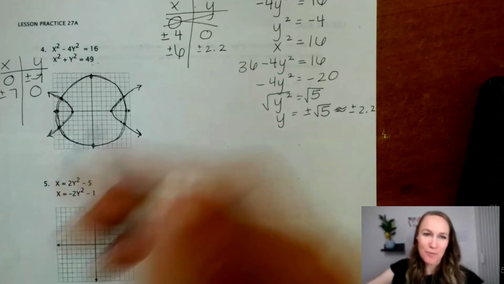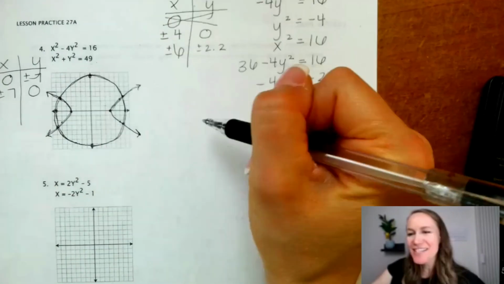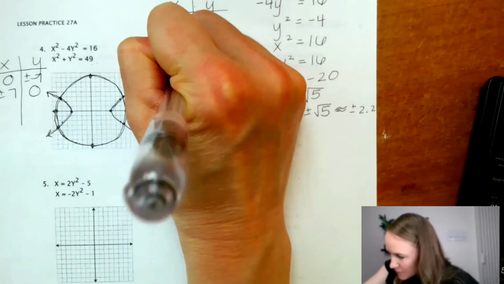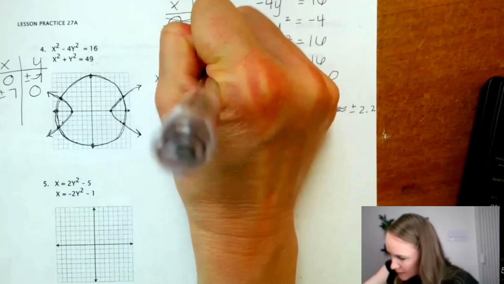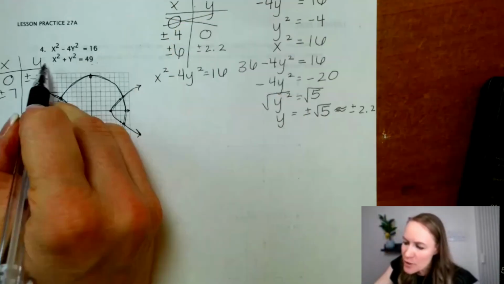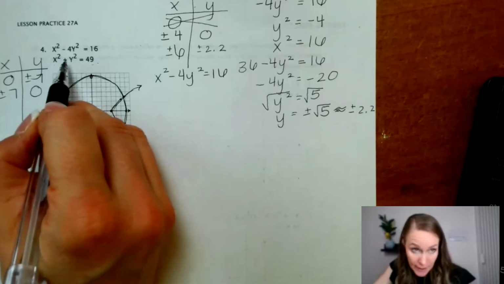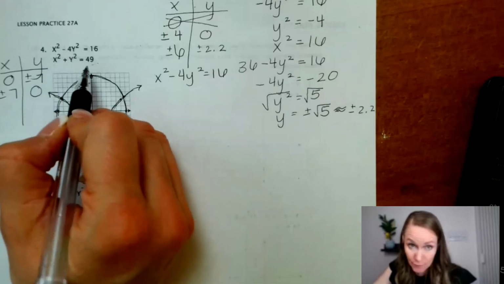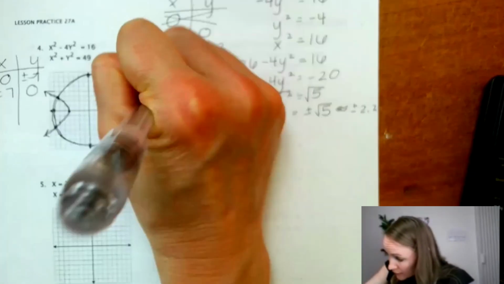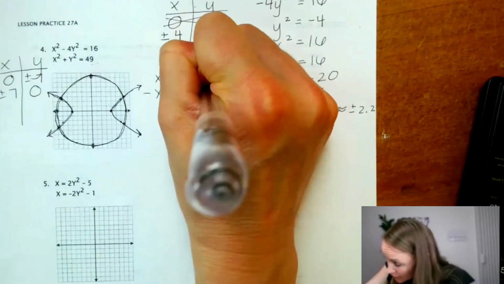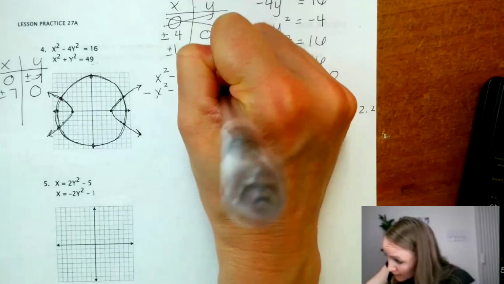I'm trying to see what I want to do. I'm going to start off on this paper to see if I can squeeze it on. x squared minus 4y squared equals 16. And then I'm going to multiply by -1. So I'm going to get negative x squared minus y squared equals -49.